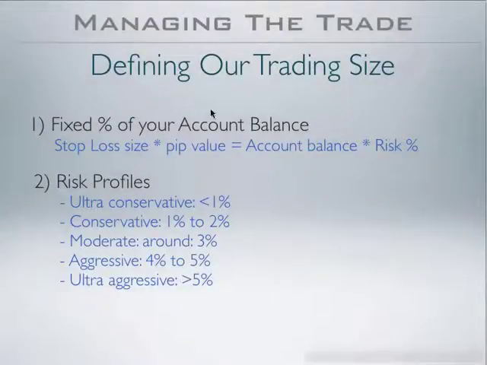Now, before we continue digging into this formula, we need to establish one of the elements of that equation, which is the risk percentage that you are going to apply to your trading, and that depends on your risk profile as a trader. I am afraid that that's not something I can answer for you. That's something that you will have to decide by yourself.